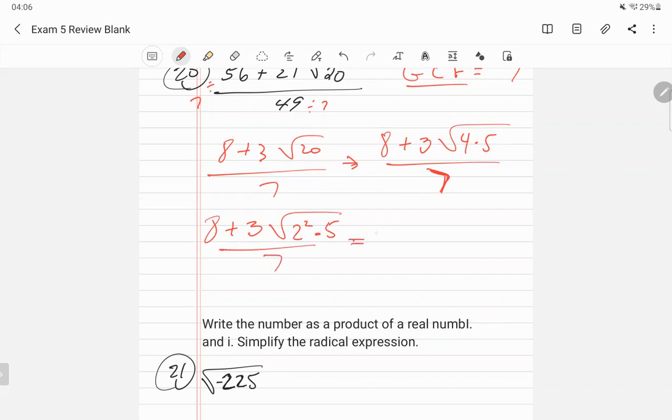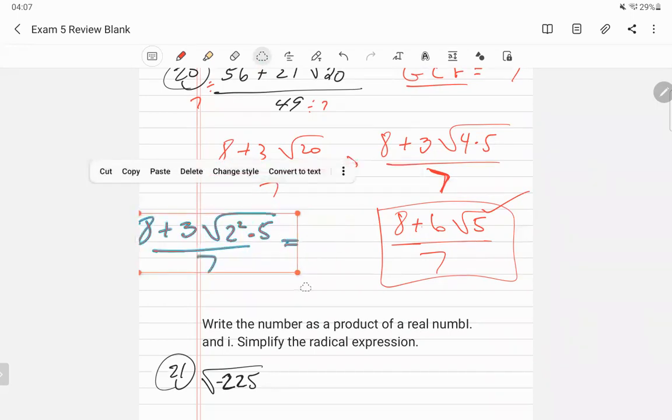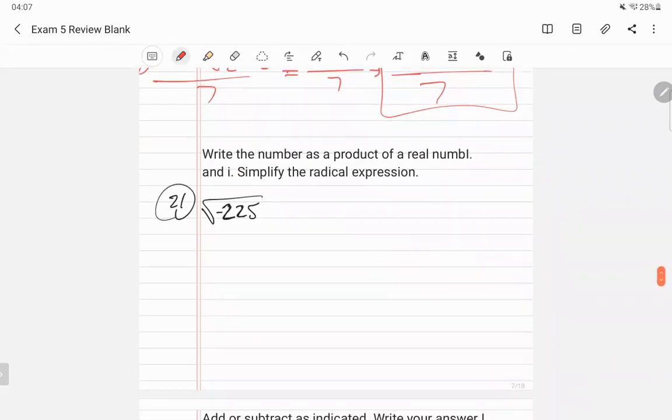So final answer, 8 plus 3 times 2 is 6, square root of 5 over 7. All right. If you need me to, I can squeeze in that little bit of extra work. The 8 plus 3 times 2 square root of 5 all over 7. Okay. All right.